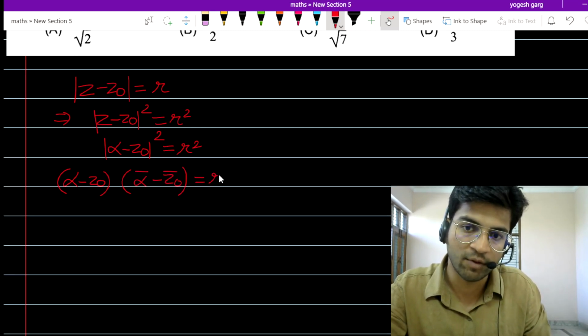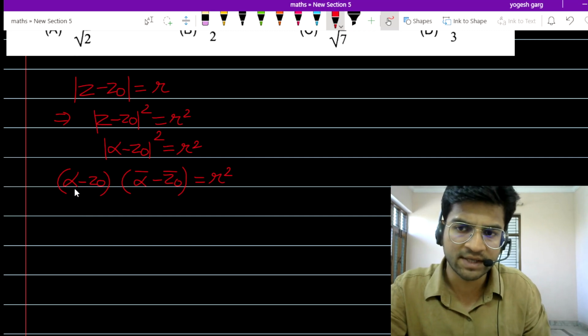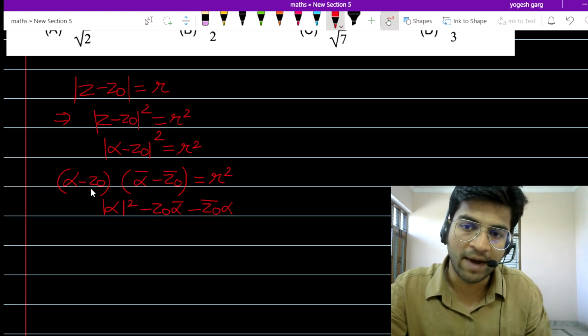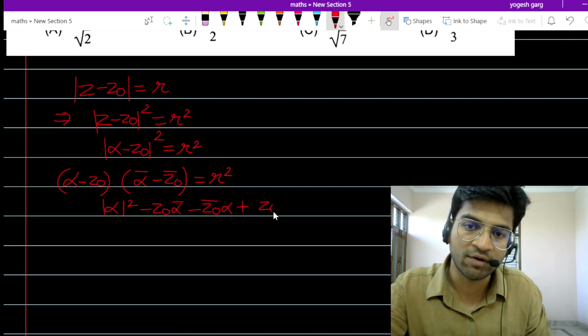It is equal to r square. Now evaluate this. Alpha into alpha conjugate is mod alpha square, minus z naught into alpha conjugate, alpha into minus z naught conjugate, so minus z naught conjugate alpha, minus z naught into minus z naught conjugate, it is plus z naught into z naught conjugate, which is mod z naught square, is equal to r square.